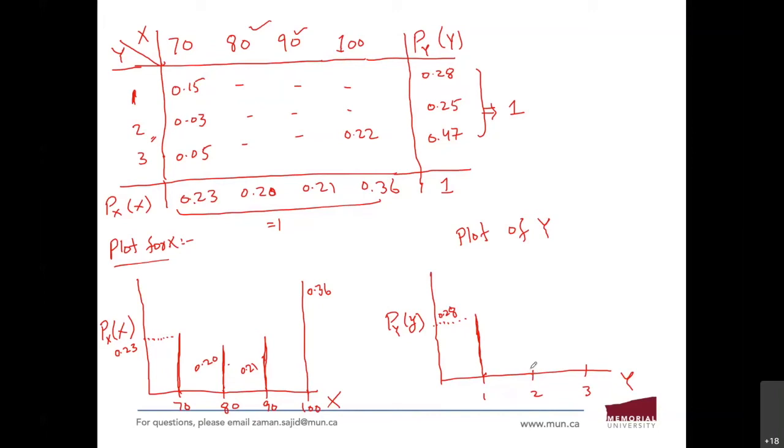So for this point, it is 0.25. For y equal to 3, it is 0.47. It should be larger than both of these values. Oh, sorry, it should be 0.47.